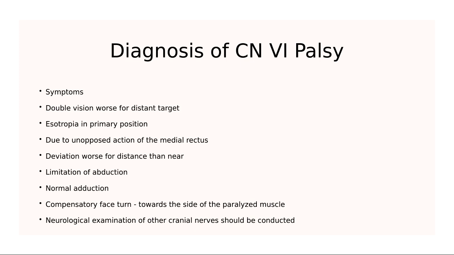There's limitation of abduction and normal adduction. They may have a compensatory face turned towards the side of the paralyzed muscle. And you should also always examine all the cranial nerves whenever you suspect a cranial nerve palsy.